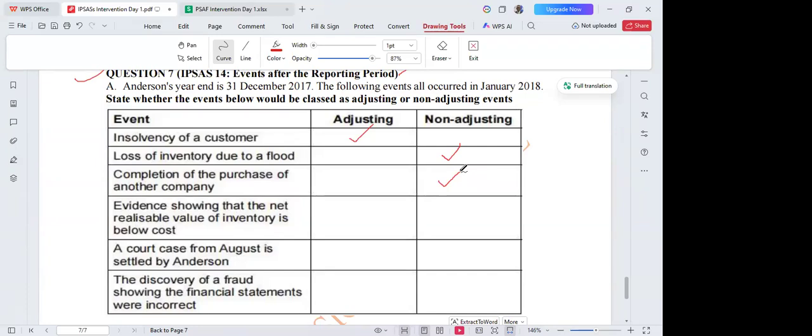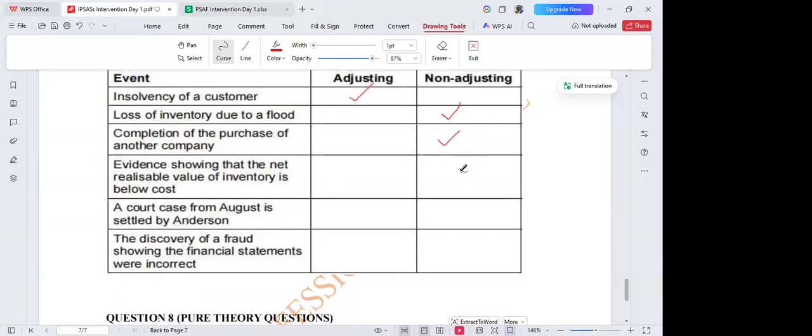Okay, next item. Evidence showing that the net realizable value of inventory is below cost. So what do we do? Is it adjusting or non-adjusting? Faustina, go ahead.